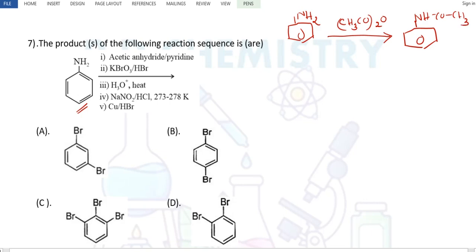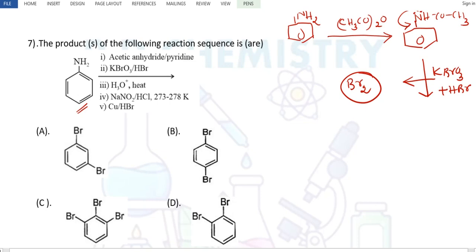Then followed by the second reagent, KBrO3, potassium bromate, and HBr. Now what is the use of this one? This will produce bromine, Br2. This is required for the bromination. Now here there is a lone pair on nitrogen that can donate to the benzene ring.